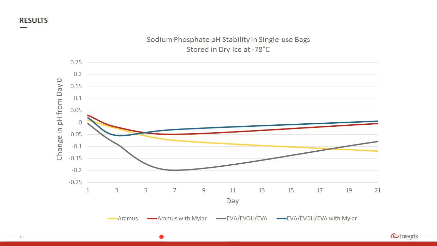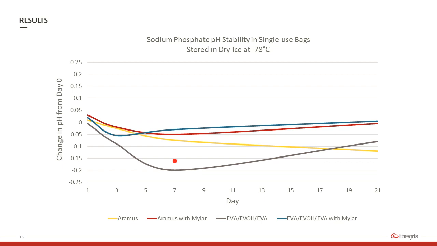This chart shows the data generated from this evaluation. The yellow line shown here is the Aramis single-layer fluoropolymer bag, and this gray line is the multi-layer bag containing the EVOH gas permeation layer. So if you take a look at these 2 different lines, there's a slight difference at the day 7 time check, but it's quite small.